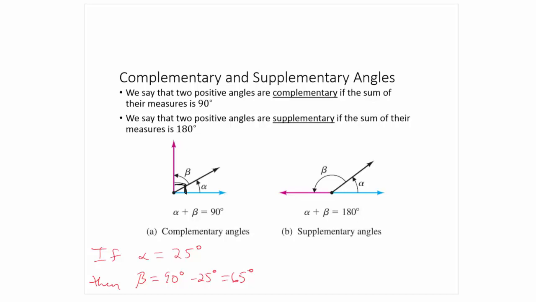And in the second diagram, we see supplementary angles. Notice that they appear to form a straight angle. And so again, if alpha equals 25 degrees, then beta would equal 180 degrees minus 25 degrees, and so that would be 155 degrees.